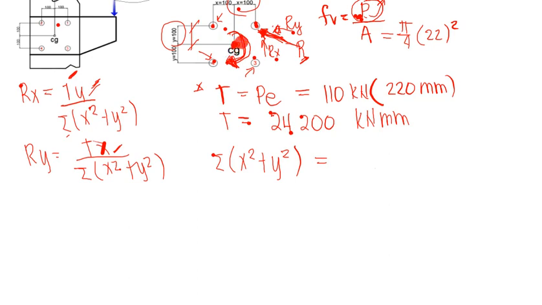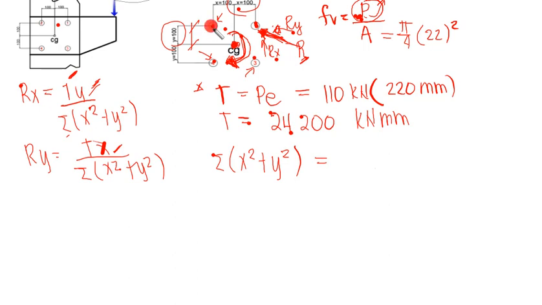And then, isa, dalawa, tatlo, apat na bolt, pare-parehas yung x niya na 100 papunta sa centroid. And pati yung y natin, bolt 1, bolt 2, bolt 3, bolt 4, pare-parehas ang distance y na 100 doon sa may centroid. So, pag magkakaiba yan, kailangan isa-isahin na i-add.